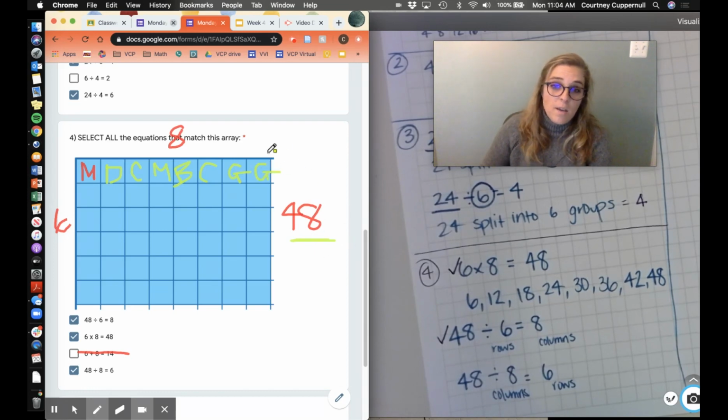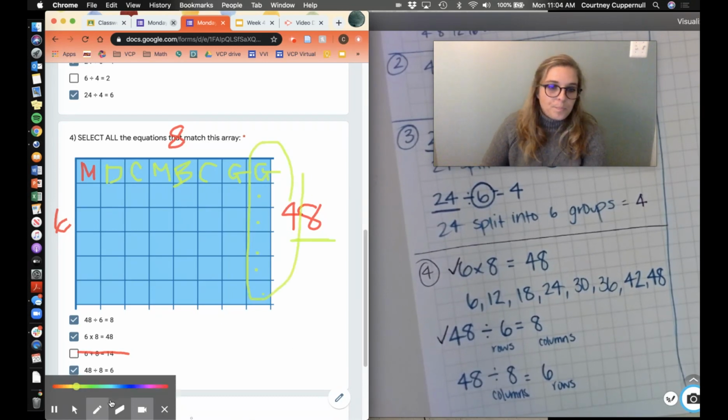Now I have 8 people who are getting each column, and they each get 1, 2, 3, 4, 5, 6 things. So yes, 48 split into 8 groups is a total of 6. So each of us would get 6 tiles.